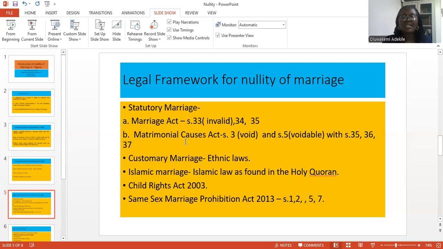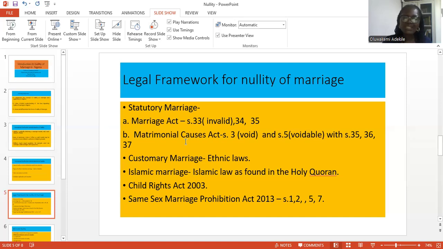Then you talk about Islamic and customary marriage. We know, with our knowledge of customary marriage, how it is celebrated and the essential elements of a marriage. We sometimes talk about the formal validity and essential validity of a marriage. And you would see that the components of formal validity and essential validity of marriage are what inform what we call nullity of marriage.